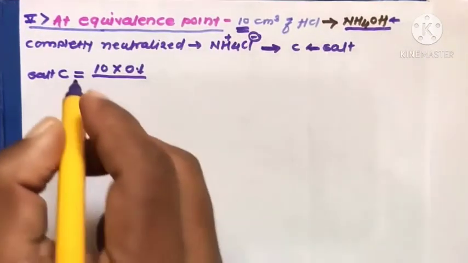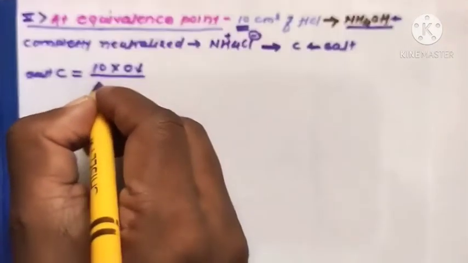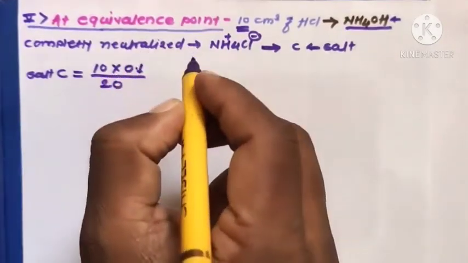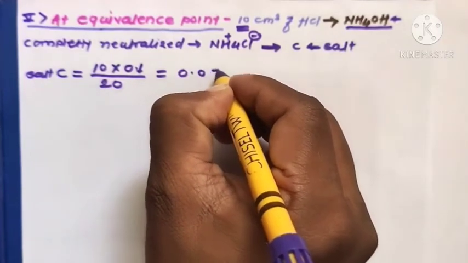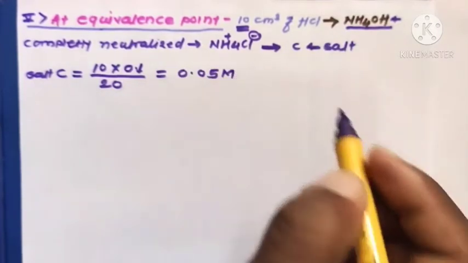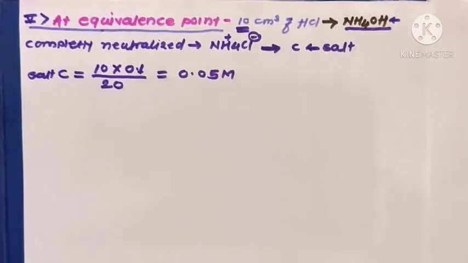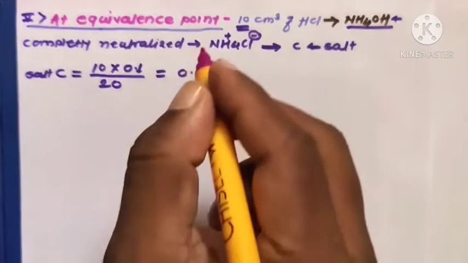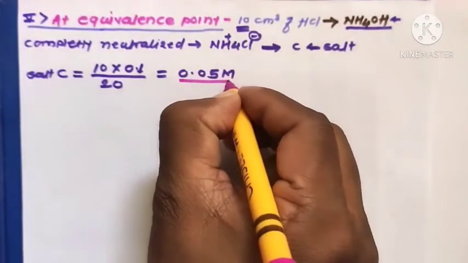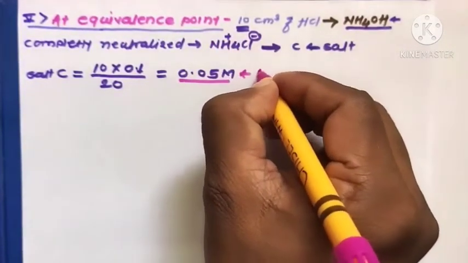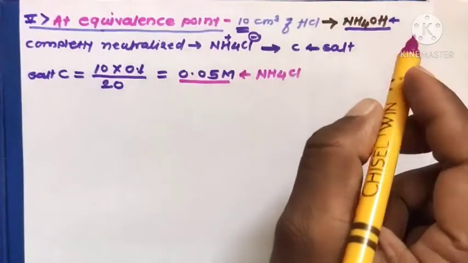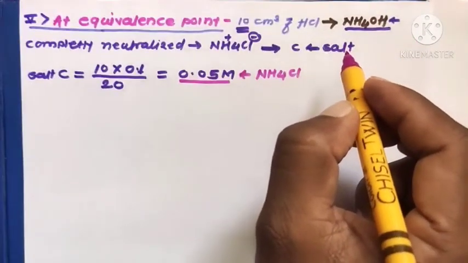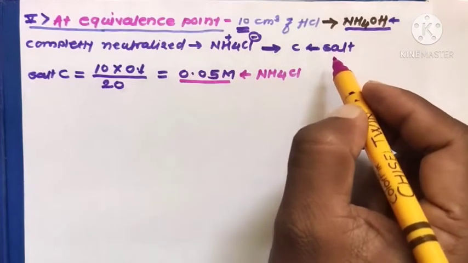Therefore the total volume is 20, and we get 0.05 molar. The pH of this 0.05 molar ammonium chloride, NH4Cl, can be evaluated by considering its hydrolysis reactions.